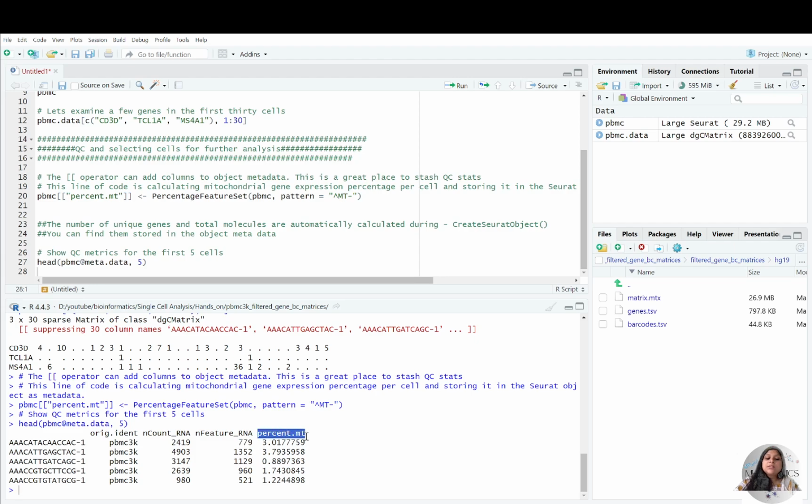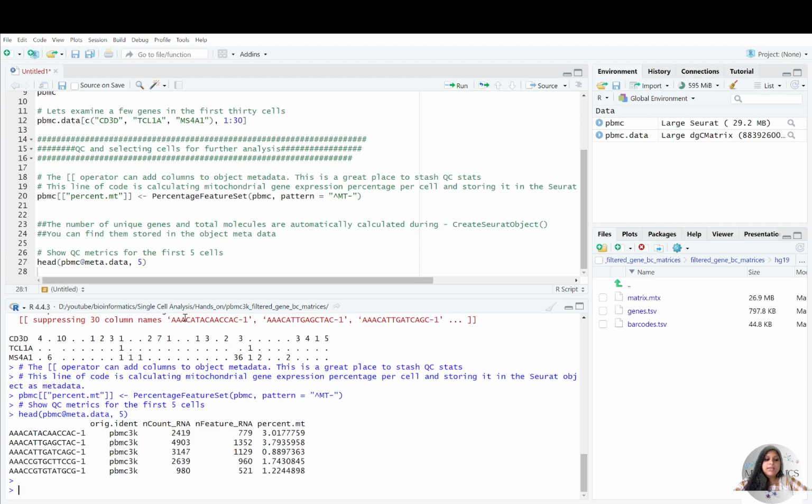And what is the percentage of mitochondrial genomic expression? It is 3.01, nearly that much expression of mitochondrial genes. So we have added one more metadata column in our Seurat object, right? So we can proceed like this.